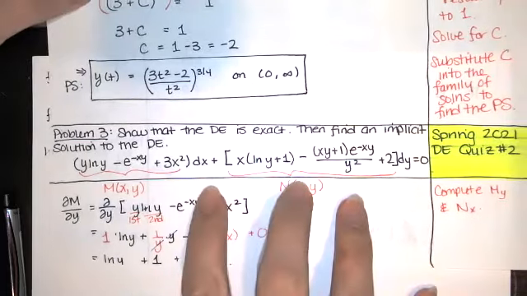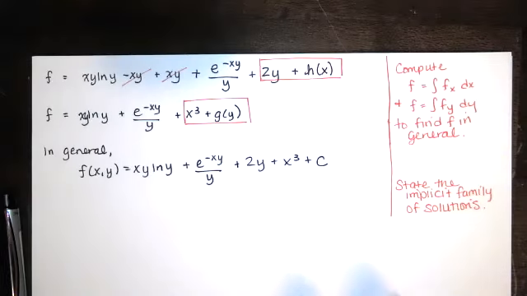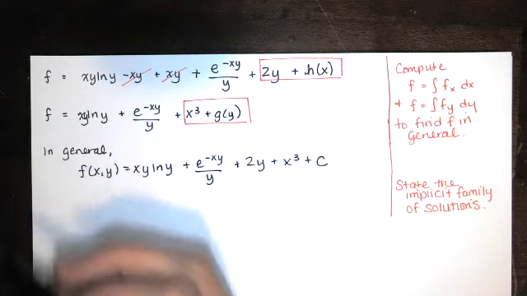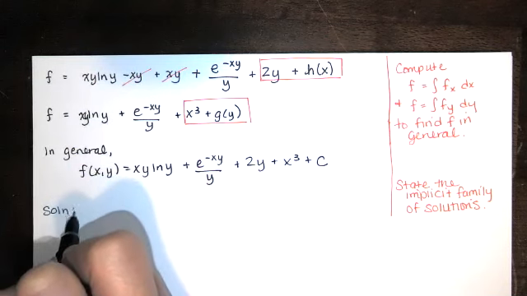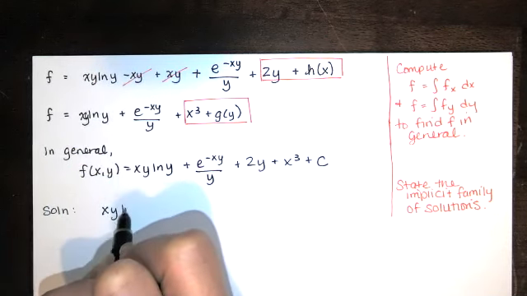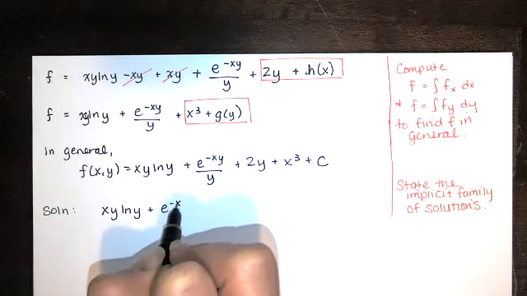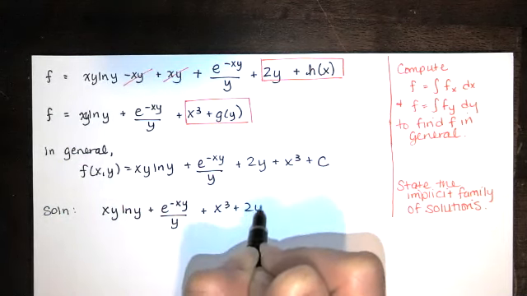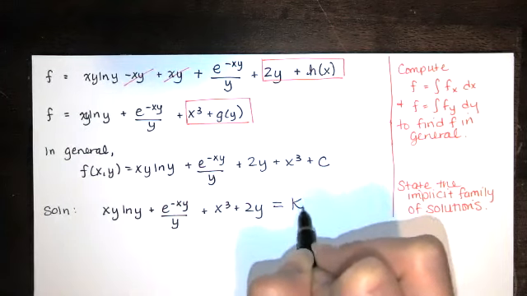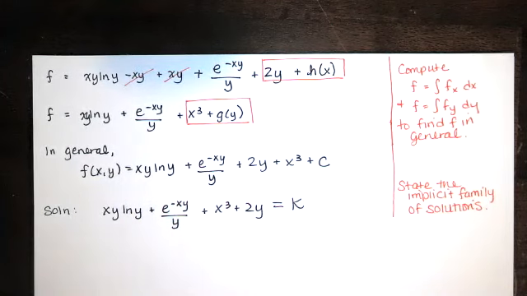We were not given an initial condition. So the implicit family of solutions is this. It's f of xy, which is xy times natural log of y, plus this divided by y, plus x cubed plus 2y, equals some constant, k, and I'll let k absorb that c.